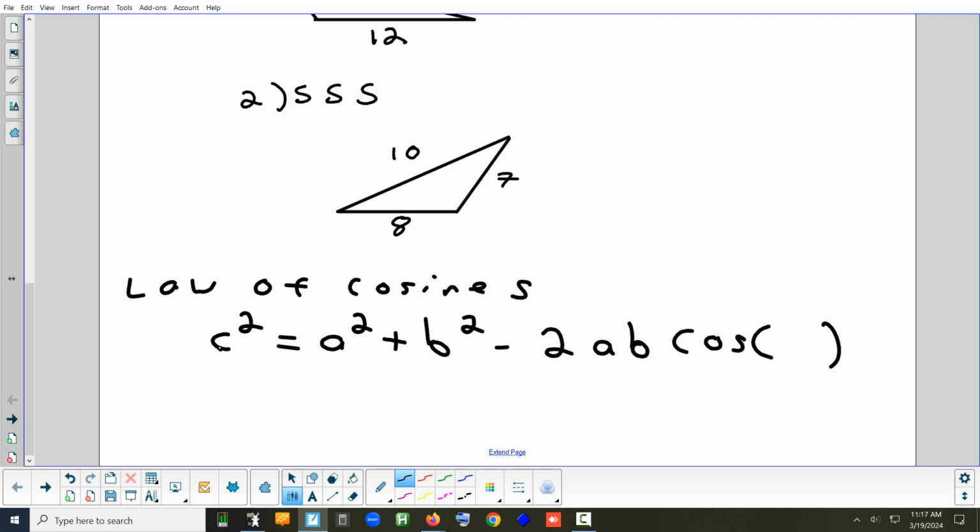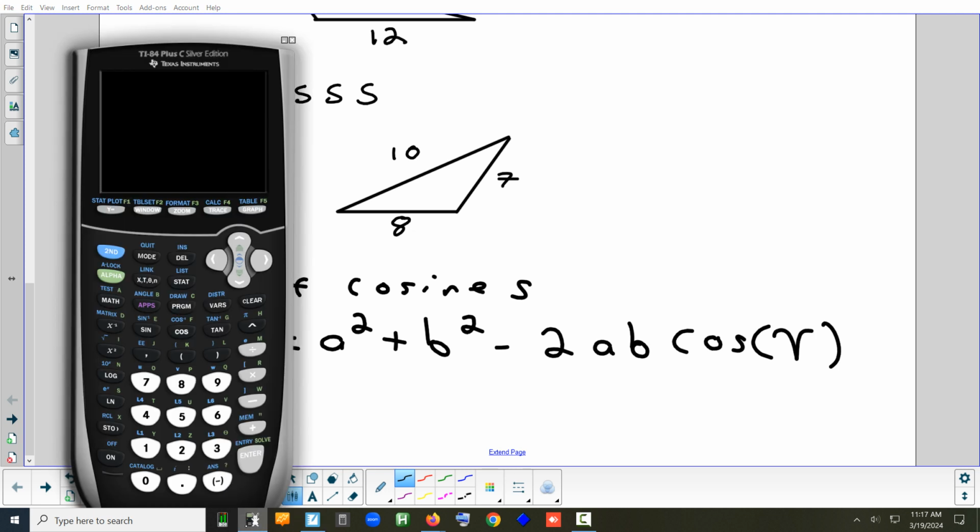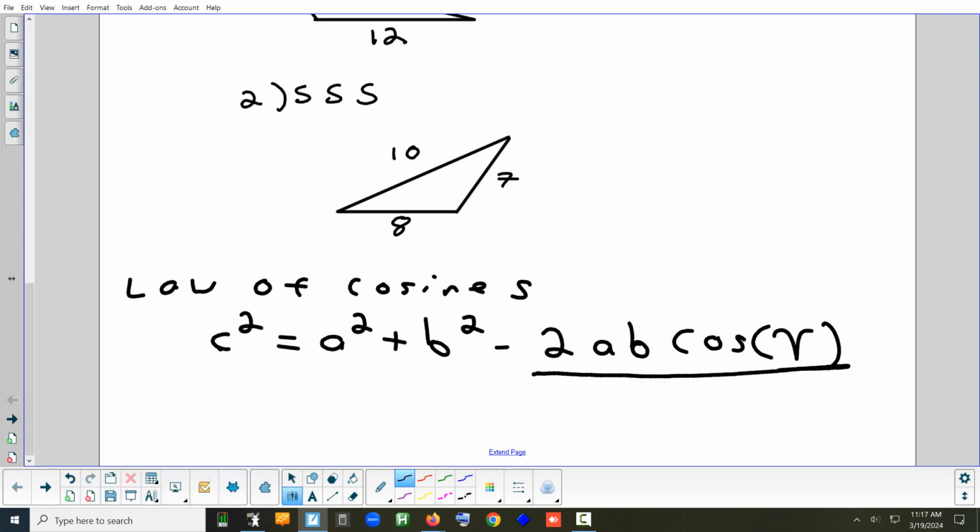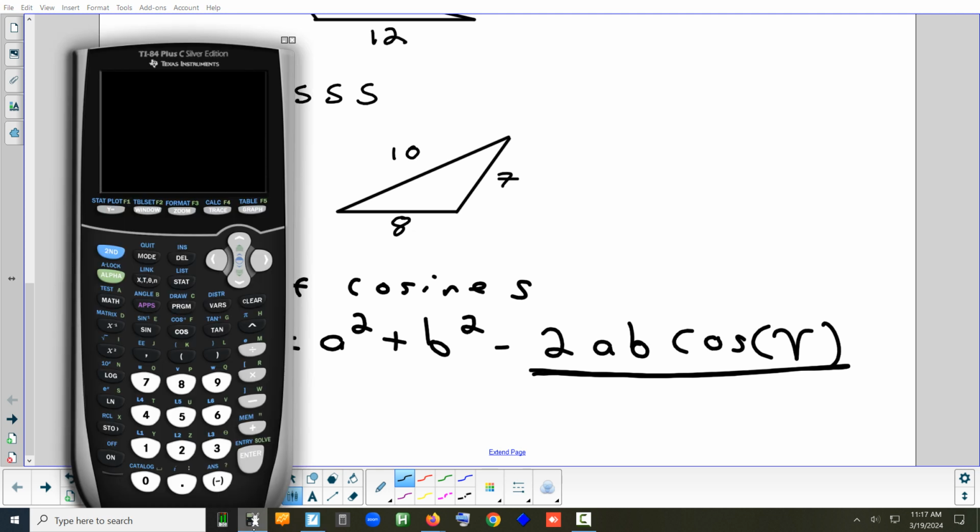What angle is always across from C? Gamma. So it's the Pythagorean theorem, but then there's this minus 2ab cosine gamma on the end. It's like an adjustment because the angle isn't 90. You don't see this part in the Pythagorean theorem because the angle across from C is always 90.